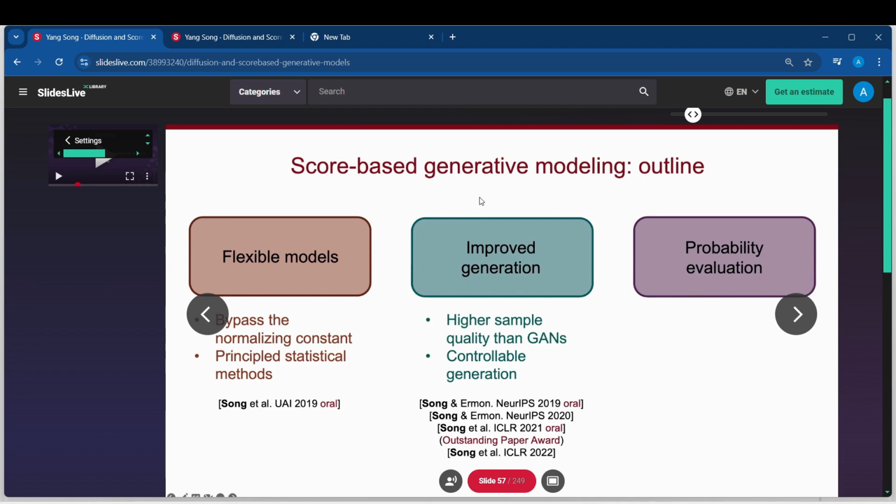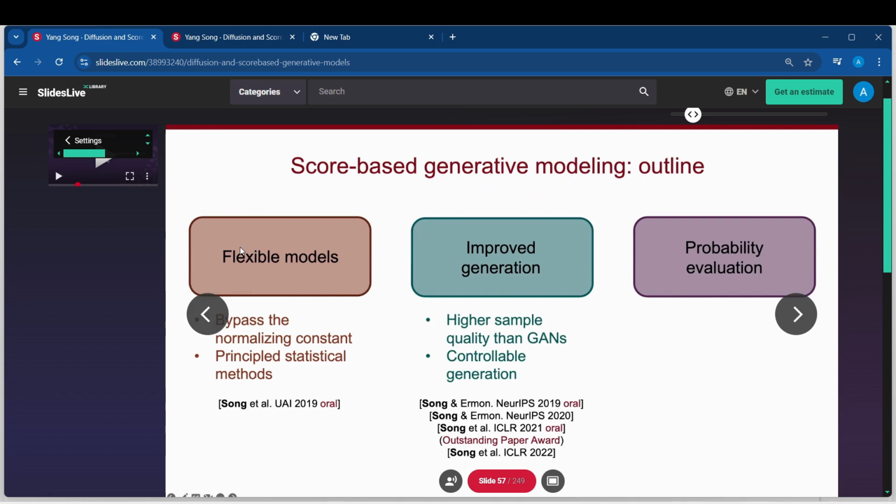The main benefit of using a score based generative model is that it allows three things, according to him. He is a prominent person in score based generative models, and he has written many papers.